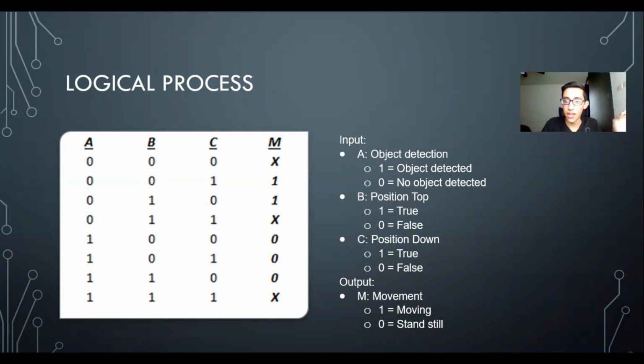The last sensor is the fully closed position. It is going to be 1 when the curtain is fully closed, else it is going to be 0. And for our output variable, we chose the movement of the curtain when it's either opening or closing. It's going to be a logical 1 when it's moving, else it is going to be 0.